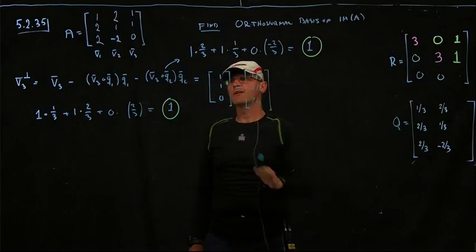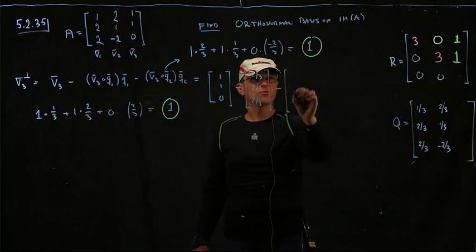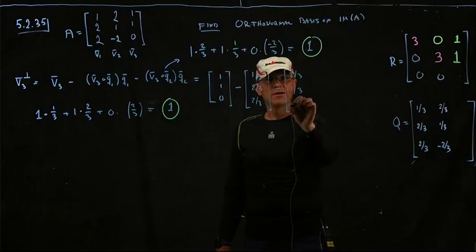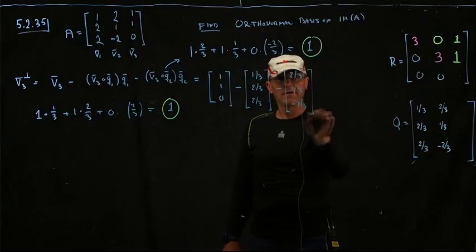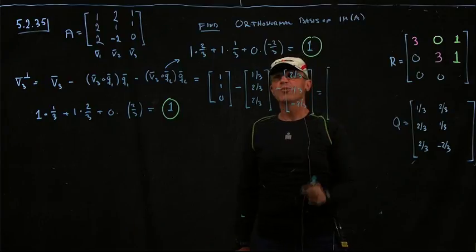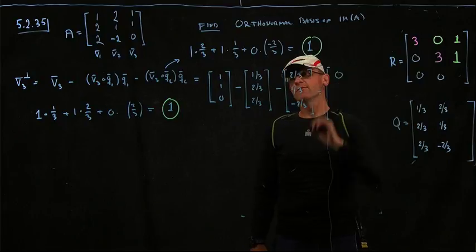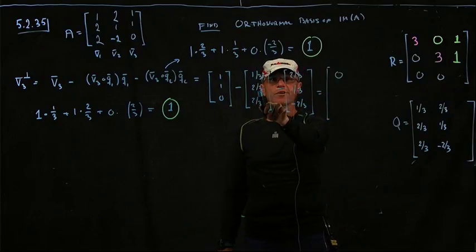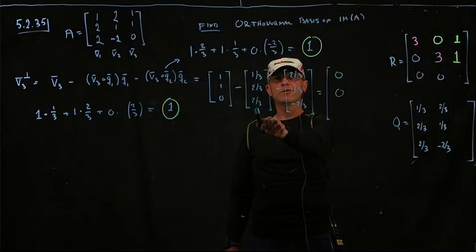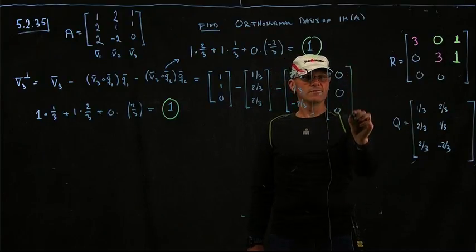We are subtracting this dot product, which is also 1, times Q2, so 2/3, 1/3, and negative 2/3. If you compute that, first component we have 1 minus 1/3 minus 2/3, 0. Then 1 minus 2/3 minus 1/3, 0. Then 0 minus 2/3 minus minus 2/3, 0.